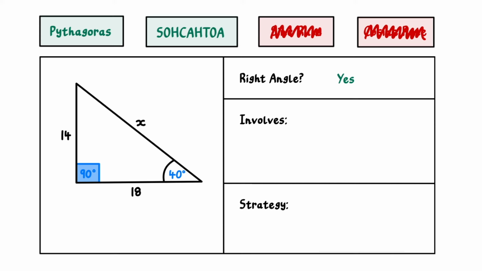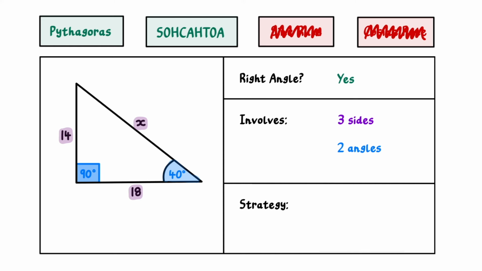The labels involve 3 sides and 2 angles. Pythagoras requires 3 sides and 1 angle, whereas SOHCAHTOA requires 2 sides and 2 angles. As it turns out, our triangle fits both of these requirements.